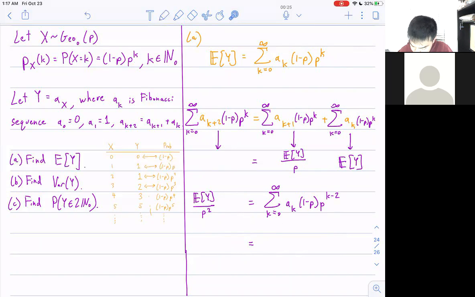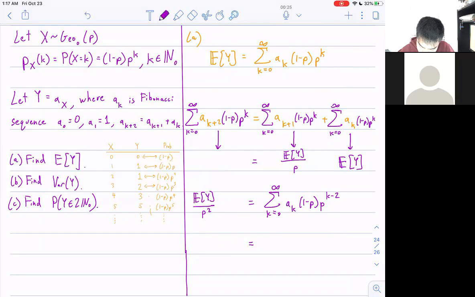Now, when k equals 0, a_0 equals 0, so that term goes away. When k equals 1, a_1 equals 1, so that (1 minus p) term doesn't go away, right? So that's a bit annoying.